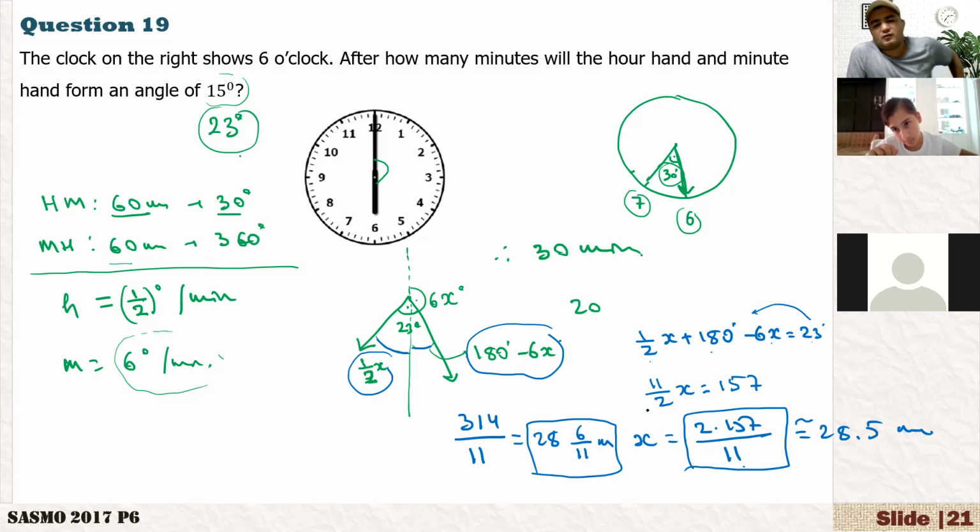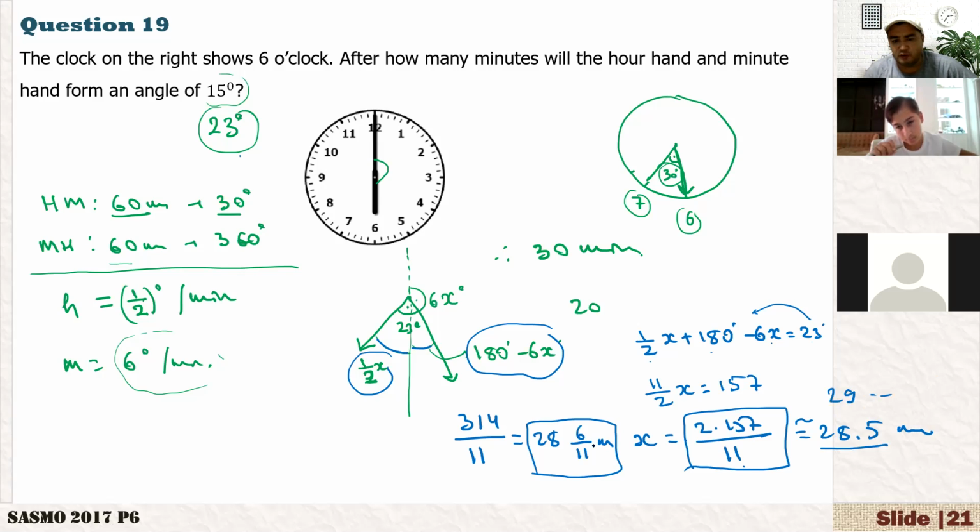Rahim, if they ask this kind of question, they actually state the format of the answer accurately. They say maybe leave your answer correct to one decimal place, or correct to the nearest whole number. Correct to one decimal place, that is 28.5 minutes, and correct to the nearest whole number, that is 29 minutes.